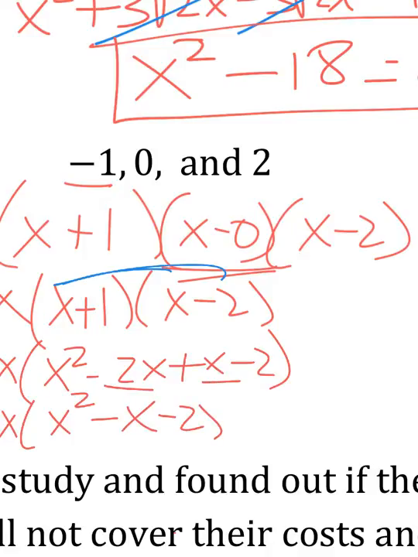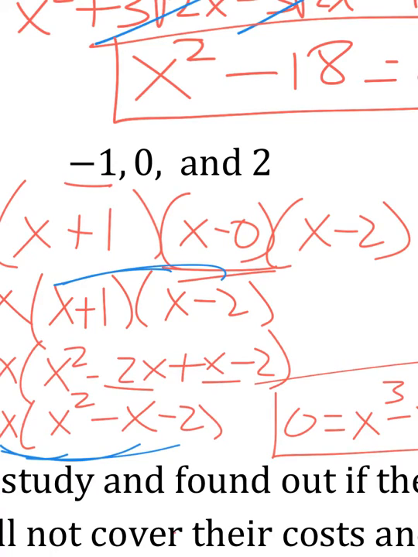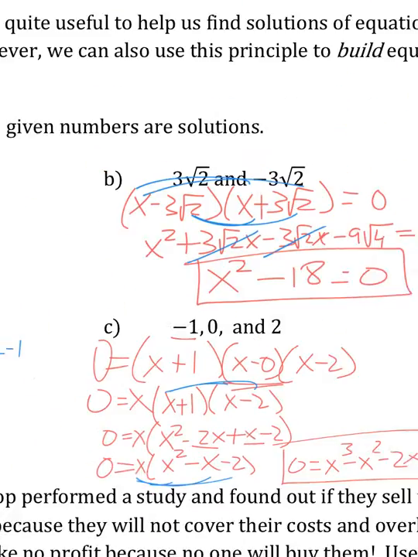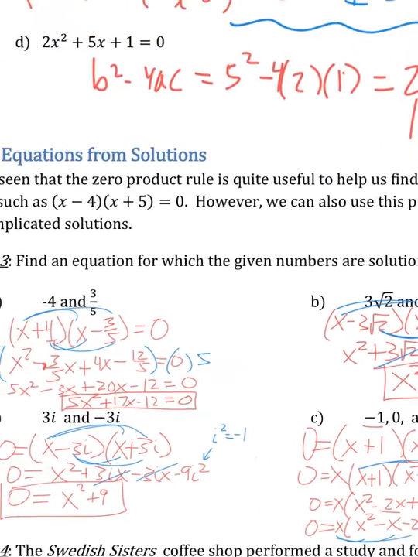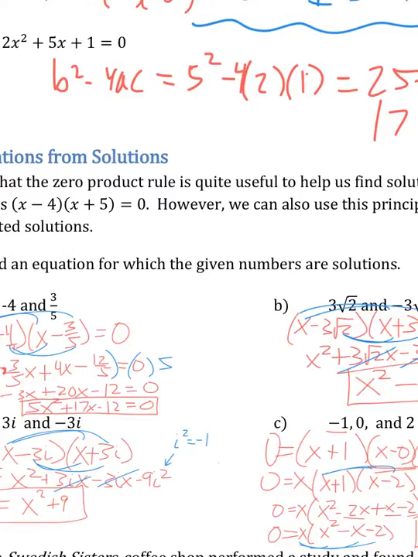This whole thing equals 0. Distribute this out, and we get 0 equals x to the third minus x squared minus 2x, and we are done. So that's the key there. That's how we find an equation if we know the two solutions or more than two solutions.